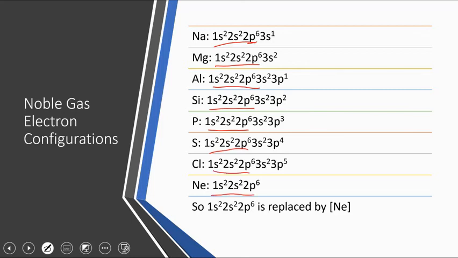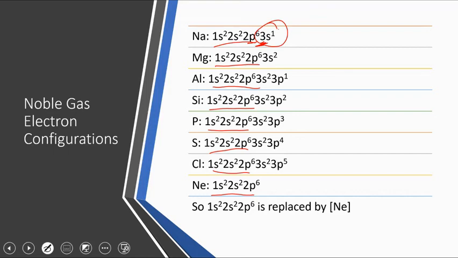And here's the deal. We really only care about the highest energy level, the highest number. Your highest energy level is going to be the highest coefficient used, the highest number to the right-hand side. And so in this case, it's 3.